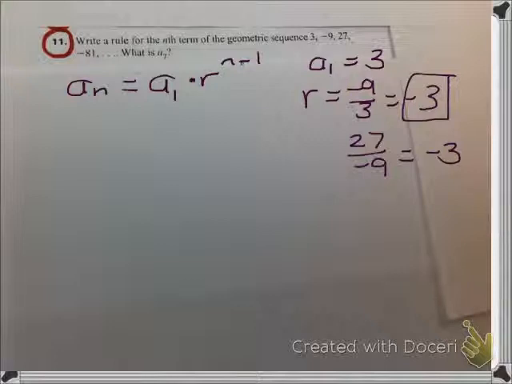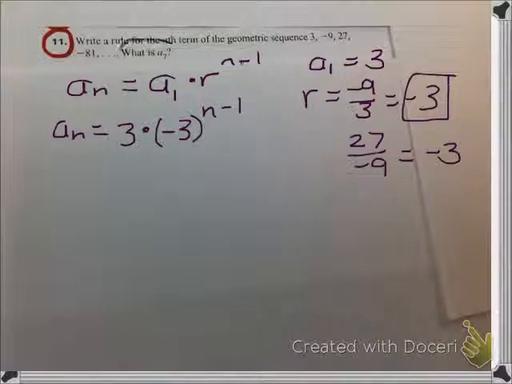Now we could actually get the right equation before we substitute. So a sub n equals, who's my first term? 3 times my r, which is negative 3, to the n minus 1. So this is the formula, but the question is asking you to find a sub 7.